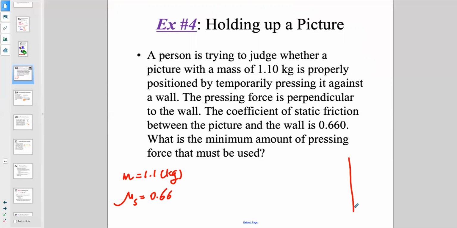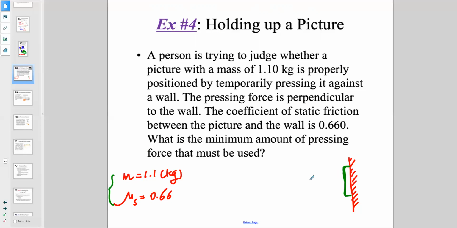So in other words, I have a wall, that's our wall. And then I have an object, which I just show with this. That's our picture with a mass of m right there. And what is the minimum amount of pressing force that must be used?